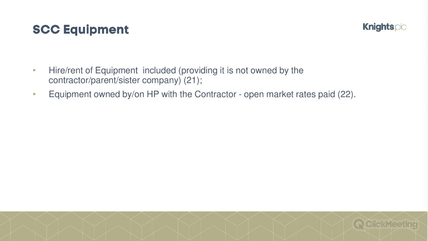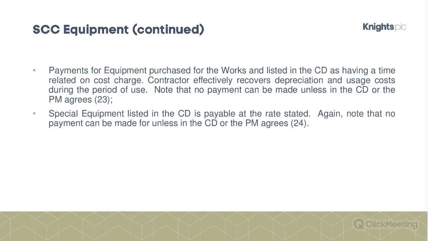For equipment owned or HP, so owned by the contractor on HP, open market rates are paid. So that's items 21 and 22 of the schedule of cost components. So you'll see these numbers. There were similar numbers in the shorter schedule we looked at in the last slide.